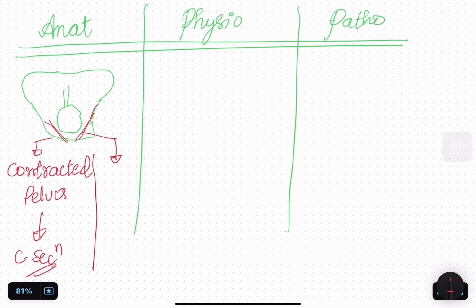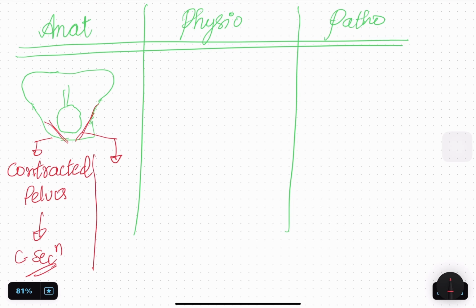CP means the pelvis is always contracted, and you have to do a C-section irrespective of gestation or condition. CPD differs because here the ratio might vary. In this pregnancy the baby can be delivered normally, but if there is CPD next time, you again have to do a trial of labor.